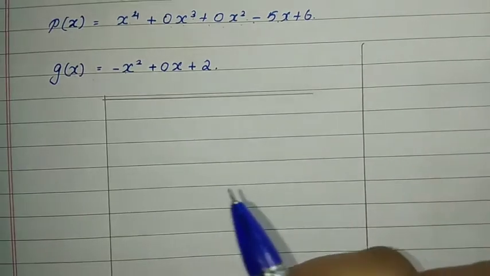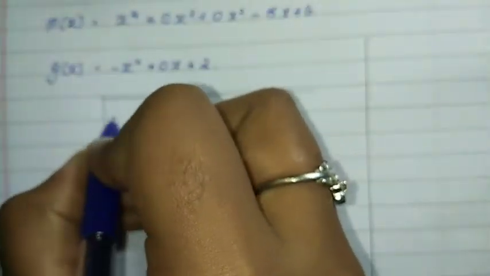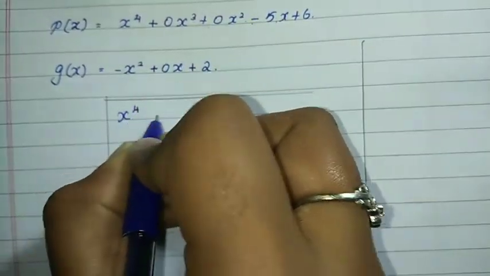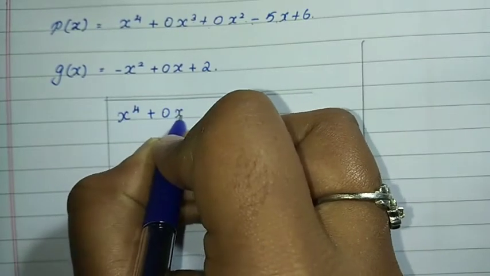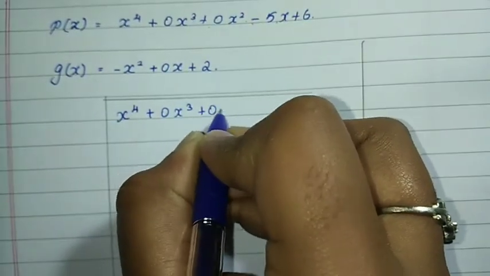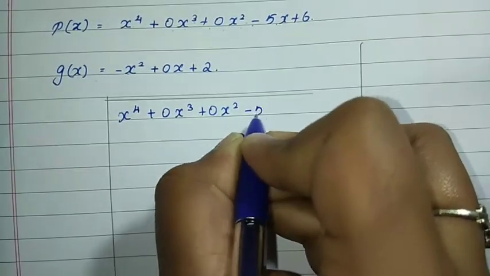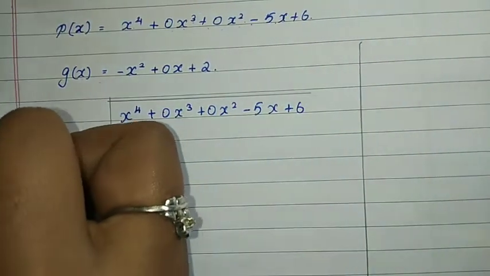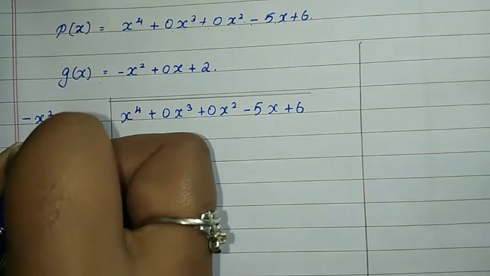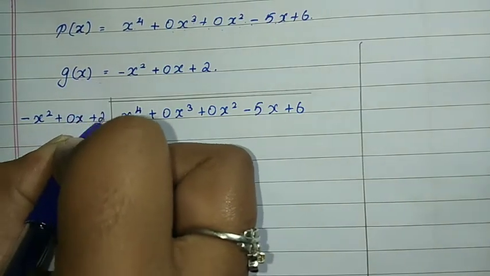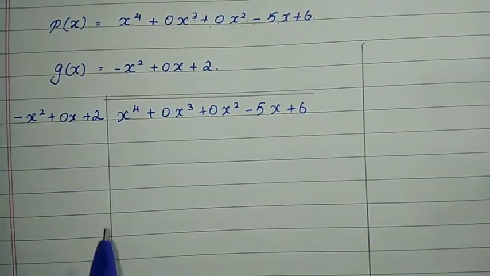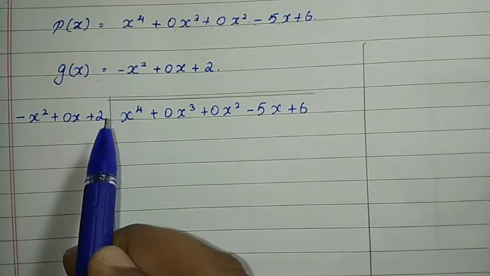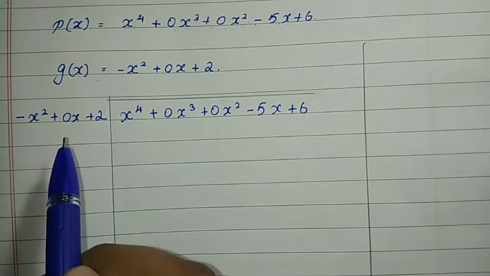So now I will be writing my p of x. So p of x is x power 4 plus 0x cube plus 0x square minus 5x plus 6, and my g of x is minus x square plus 0x plus 2. Even in g of x you have to write the missing term multiplied with 0.